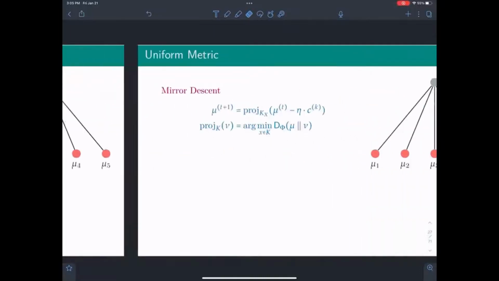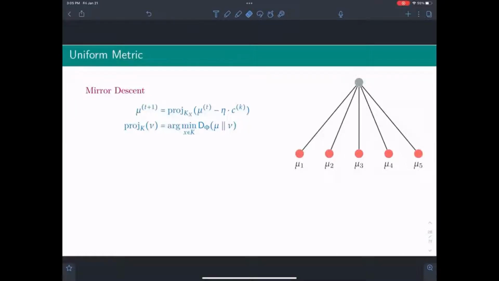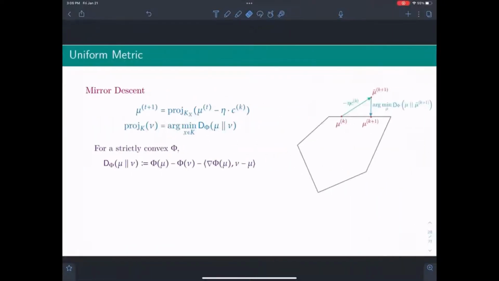But that unfortunately doesn't work. What we can do is something that is a generalization of this. Given a strictly convex function phi, we define the Bregman divergence of two points based on phi as phi of mu minus phi of nu minus the gradient at mu times nu minus mu.